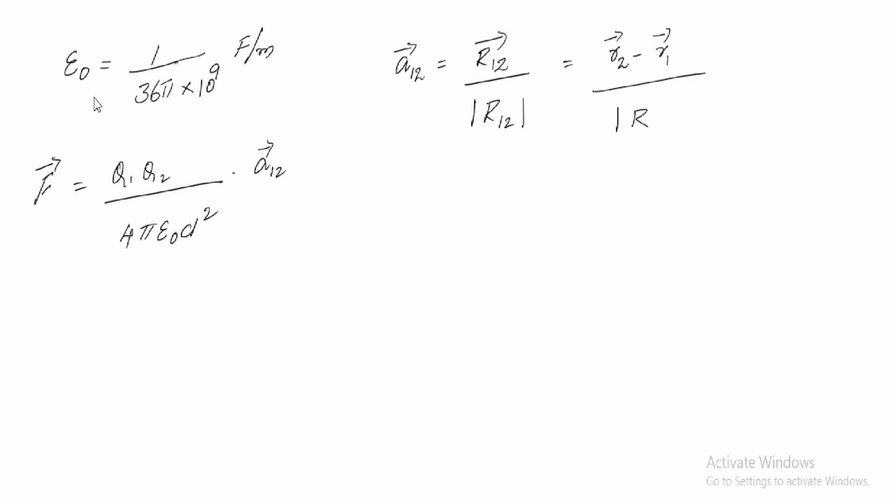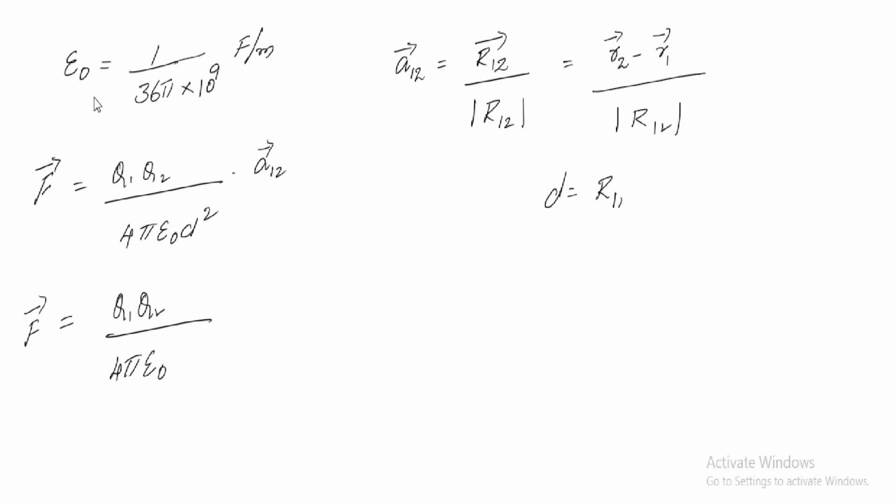R12. So here we can write F is equal to Q1 into Q2 by 4 pi epsilon naught d square. Here we can replace d, d is the distance, which is nothing but mod of R12.